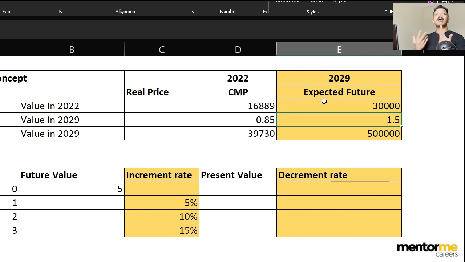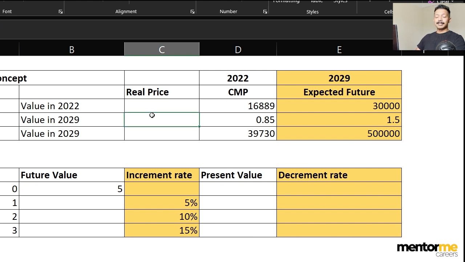It depends upon my assumption, my perception, my expectation of the asset, and that can be significantly different from one person to the other, and not necessarily is every person going to be right and not every person is going to be wrong. But even then, let's say we do some calculations and say that the expected future price is 30,000.